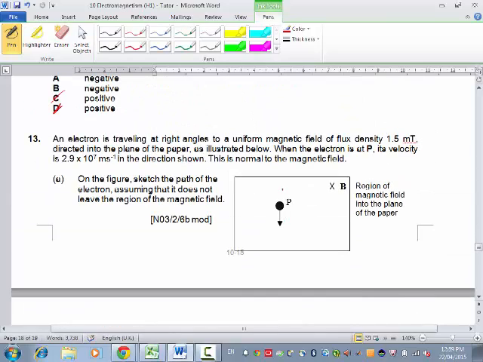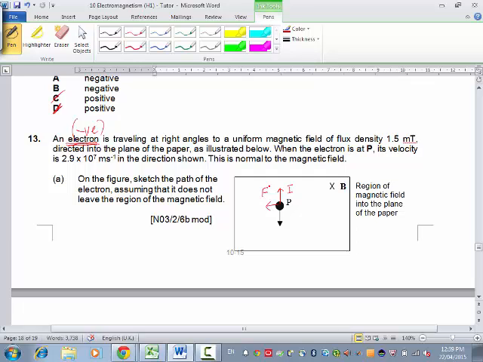Okay, 13. This question only wants you to sketch. We have modified it, so it's an electron. C and D both can. Actually, there was another option, but we removed it. It's a negative charge. If you apply Fleming's left-hand rule, the current is here, which means the force is here.